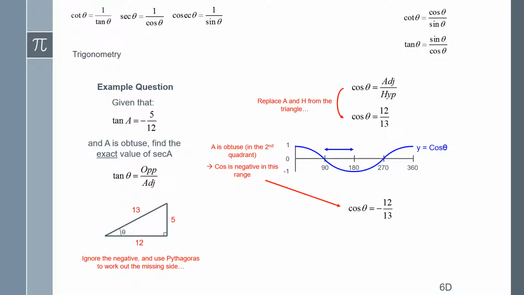We can use the idea of which quadrant we're in and whether the graph is positive or negative to find out about the minus sign. So we don't worry about it at the start, we worry about it at the end. And then to get sec theta, which was the original question, sec is 1 over cos, so it's minus 13 over 12.